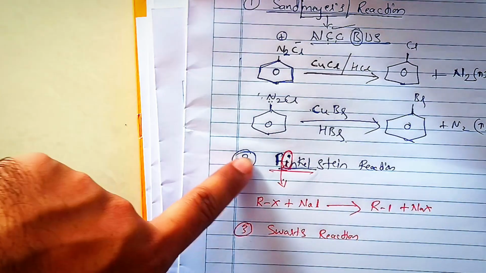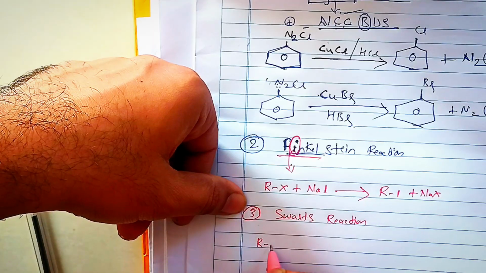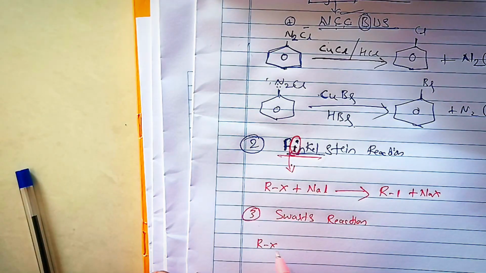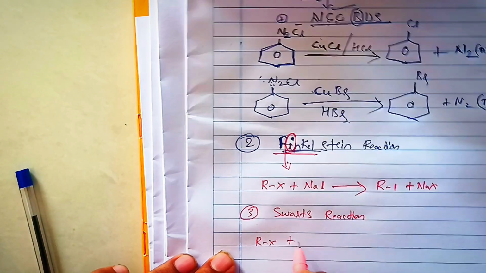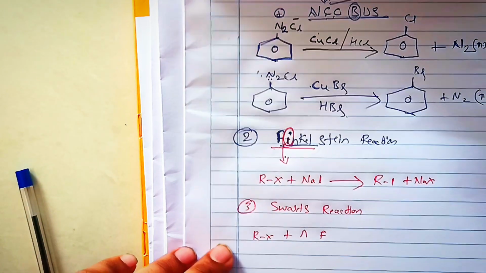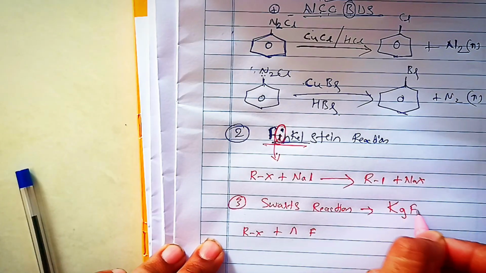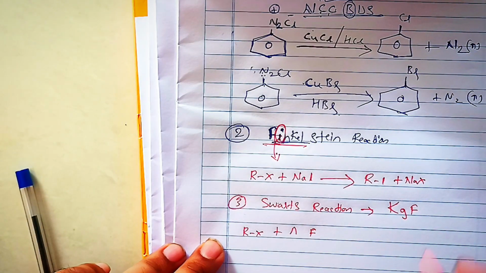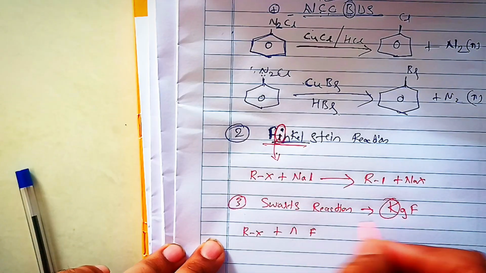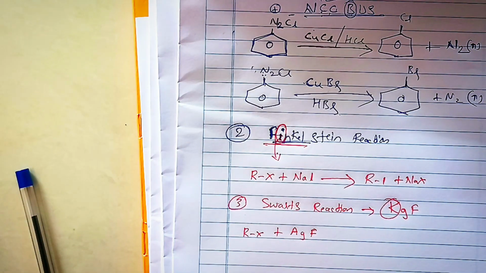In the Swarts reaction we will take this F. Okay, and the same RX reaction will take place, and there will be this F. But I will use another trick here called KGF. Instead of K, I will use AgF, right?